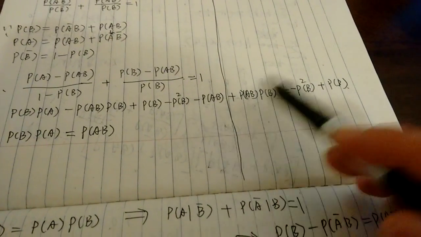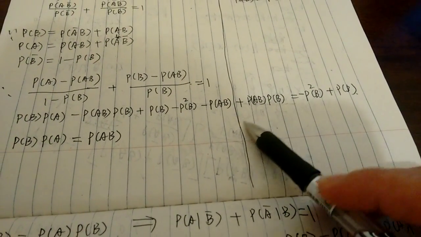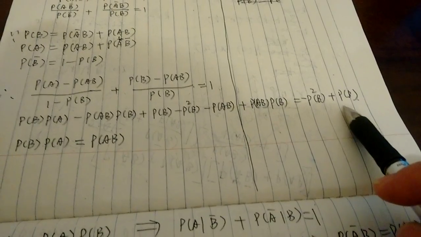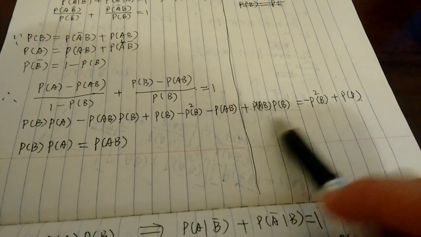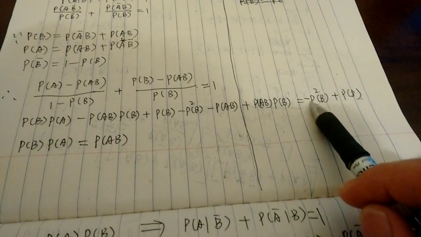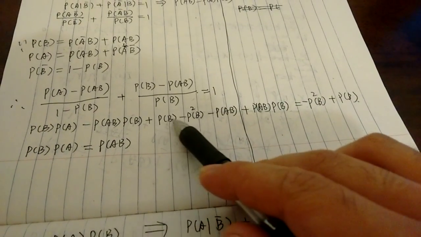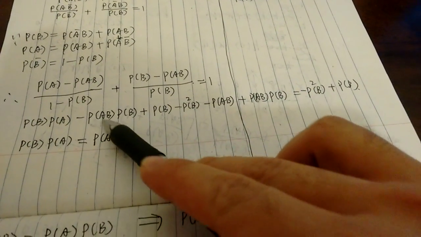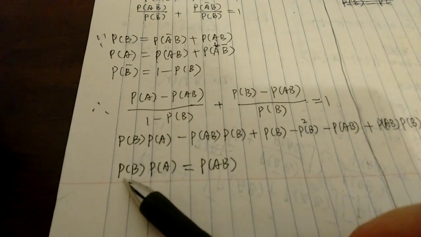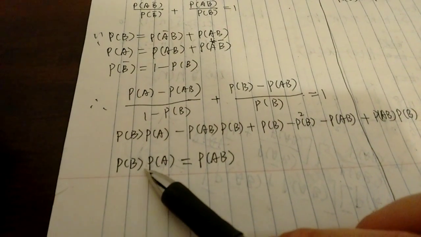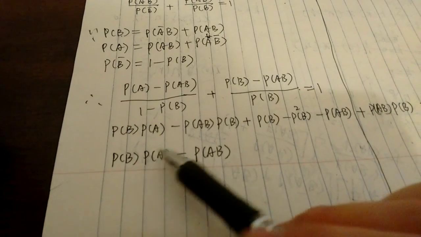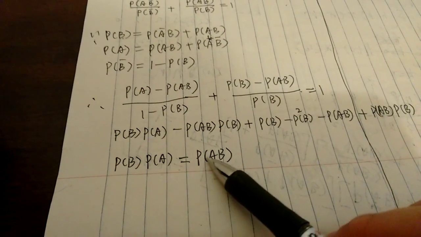After we write this equation, we found there are many cancellations we could do. We could cancel these two parts and these two parts. So finally, we got probability A times probability B equals probability AB.